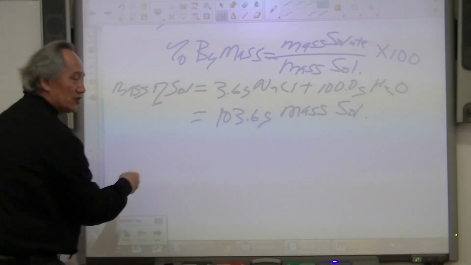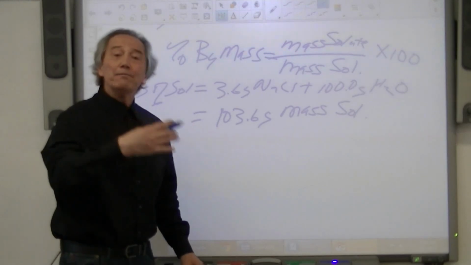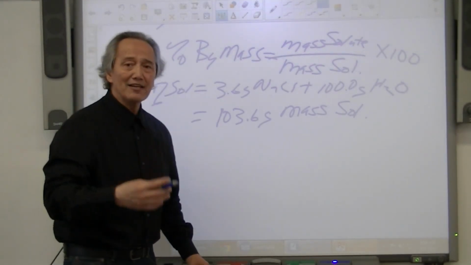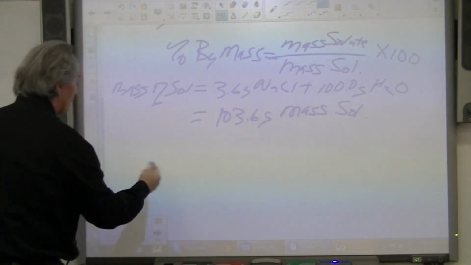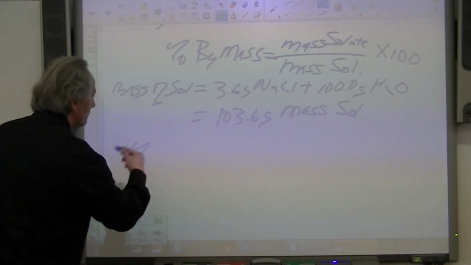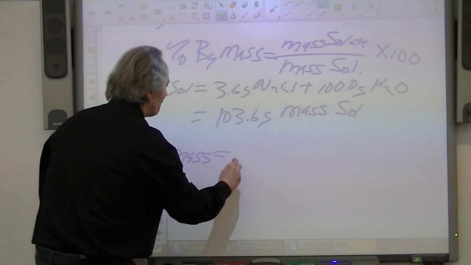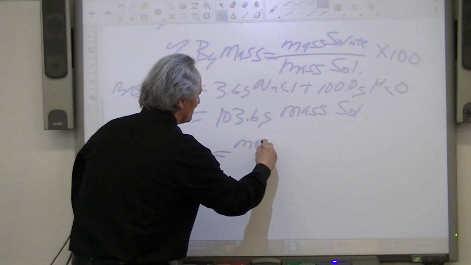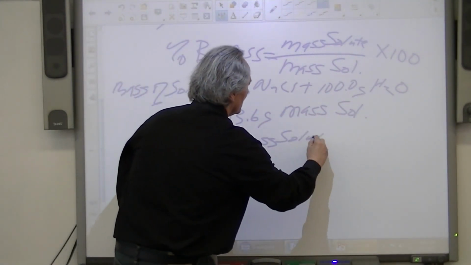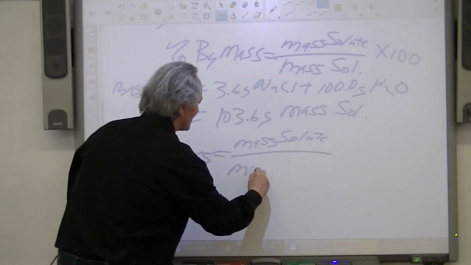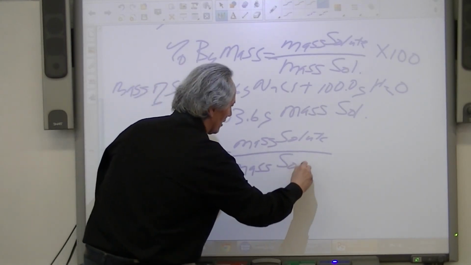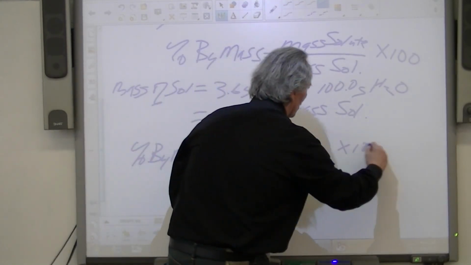We are now in a position where we can input the data, calculate it, and find the percent by mass. Let's rewrite the expression for percent by mass, which is the mass of the solute divided by the mass of the solution, times 100 to give us our percent.